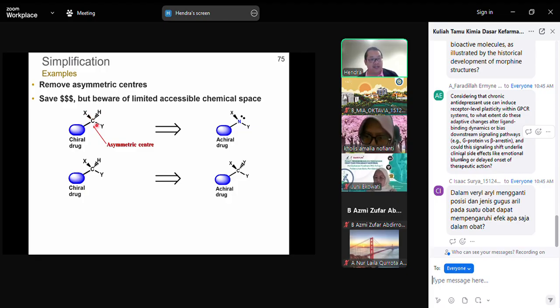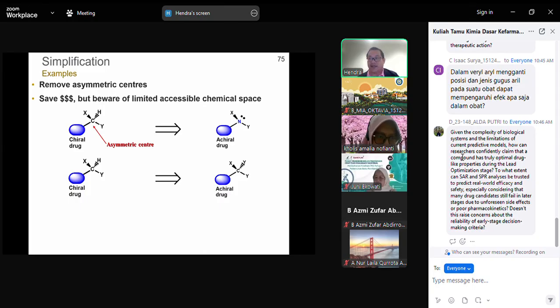So I can have a CH2 group, so that carbon is no longer a chiral carbon. Obviously, if you do that, then you no longer have that chirality.